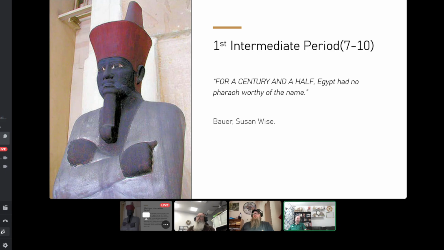It seems that the rule of Egypt was equally divided between two competing power bases: one in Herakleopolis in Lower Egypt, up in the Fayum region, and in the south, in Thebes in Upper Egypt, the other power base.